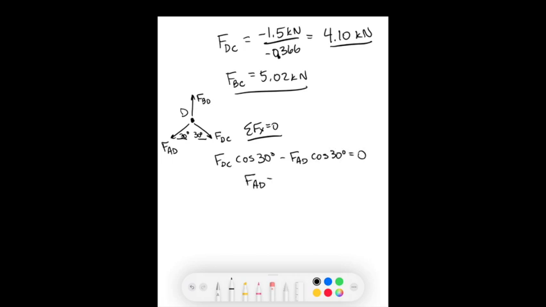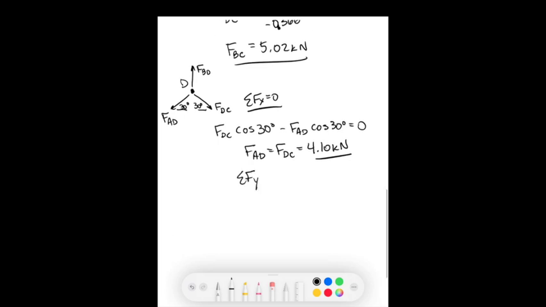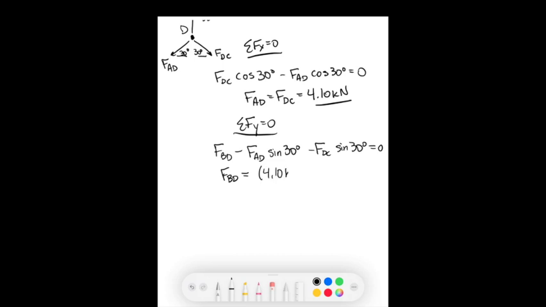We see that AD is equal to DC, which we know already, so it's equal to 4.10 kilonewtons. And we can move on to the y direction. When we solve for BD, we see that the answer is also 4.1 kilonewtons.